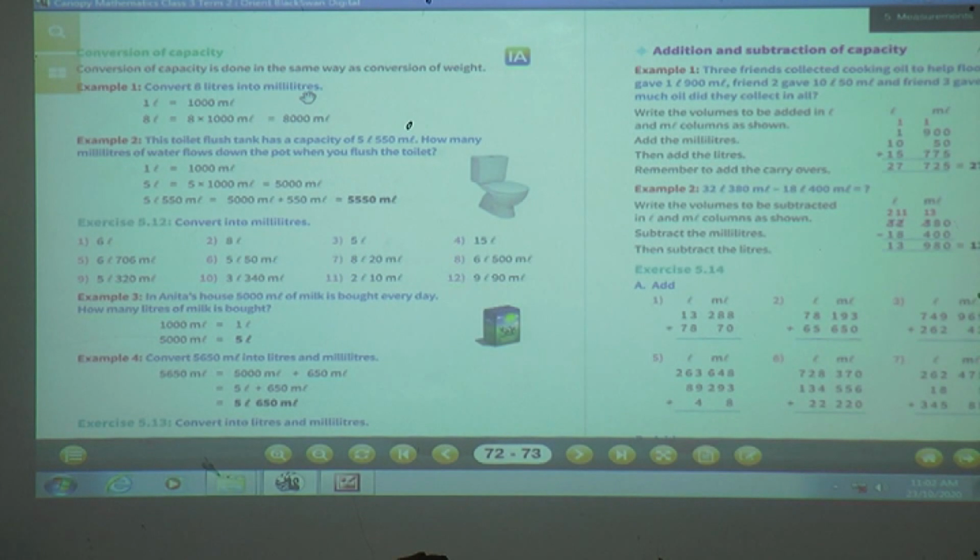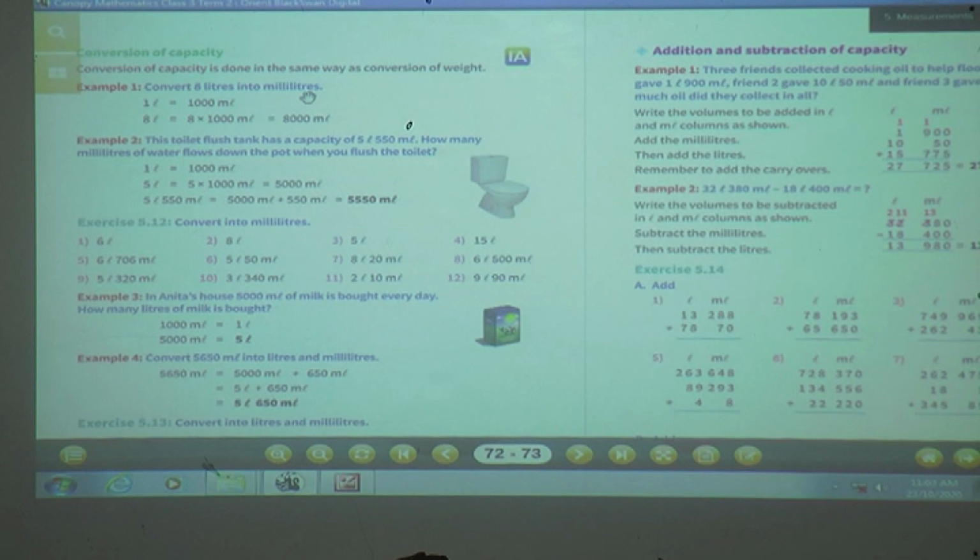If you want to convert liters into milliliters, you have to multiply by 1000. So 8 into 1000 is equal to 8000 ml.